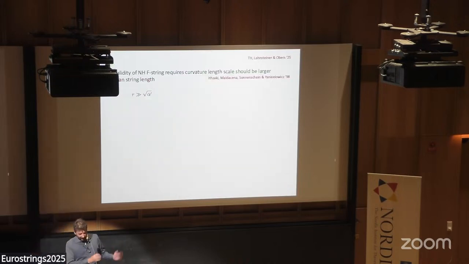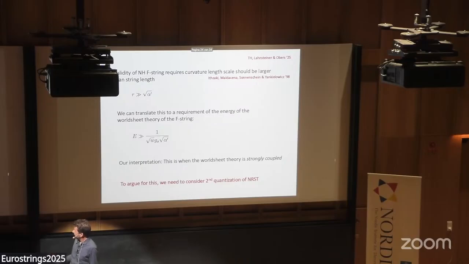And then we have to go back to the late 90s and think a little bit, because actually the famous IMSY paper tells us that the validity of this near horizon F-string requires the curvature length scale to be larger than the string length. And one can use the tools learned back then to translate that into a condition on the energy of the worldsheet theory, which looks like this.